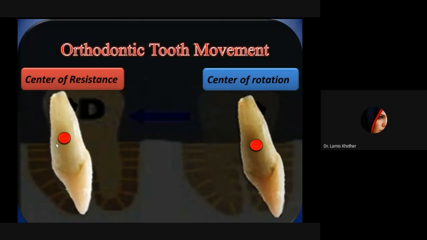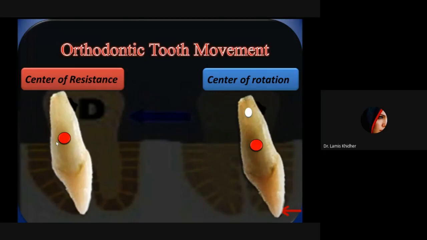The first position of the center of rotation is located apical to the center of resistance. This is the center of resistance in the red circle, and the white circle represents the center of rotation. It is located apically to the center of resistance, and it occurs when we apply a force on the incisal third of the tooth by a removable appliance.